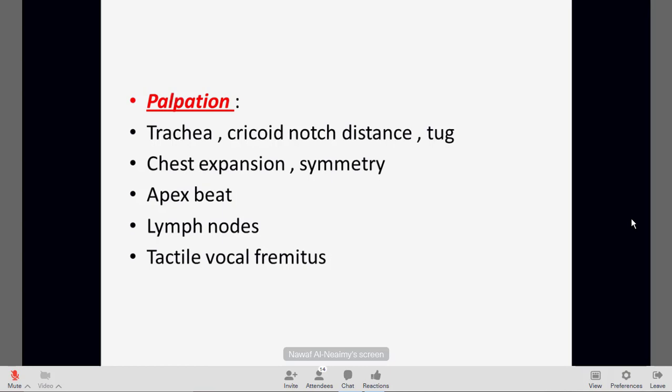But sometimes, if I have something that insulates the lung from the chest wall, it may lead to a reduced tactile vocal fremitus. It may be diffuse all over the chest or local in a certain area of the chest.